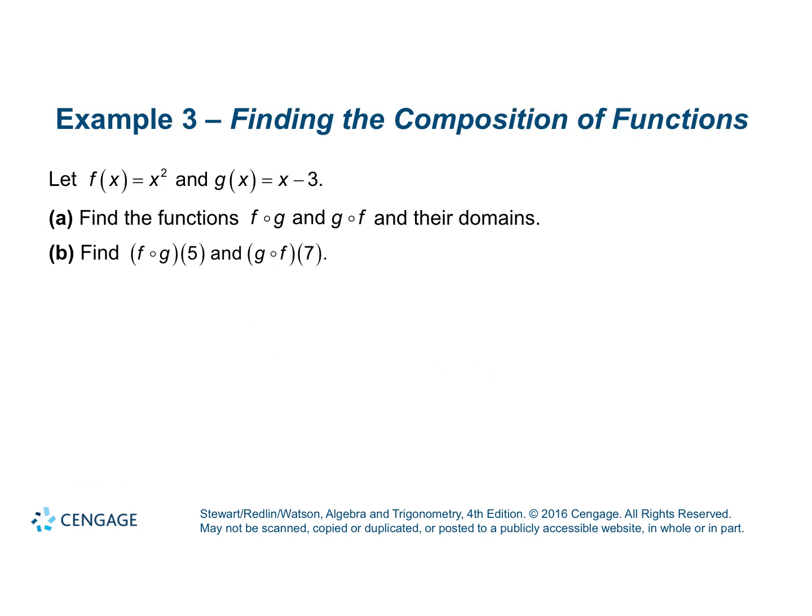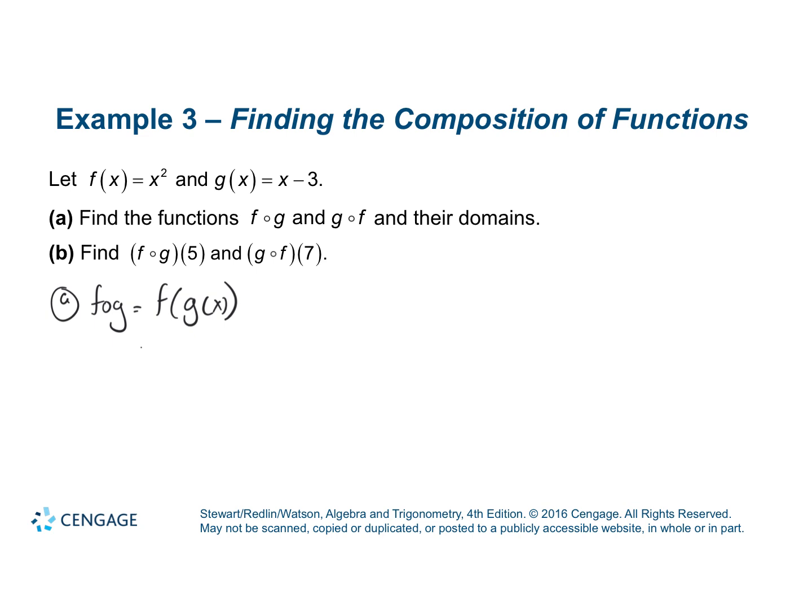So here we have: let f of x equal x squared and g of x equal x minus 3. They want us to find the functions f composed with g and g composed with f, and their domains. So for this first one, I'm going to go ahead and write f composed with g, my preferred way, which is this one. So what does this mean? I'm going to plug g of x into f.